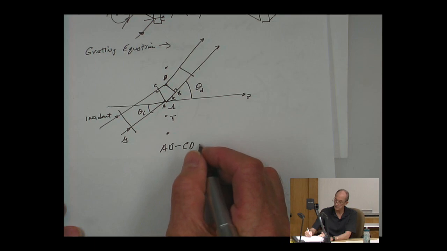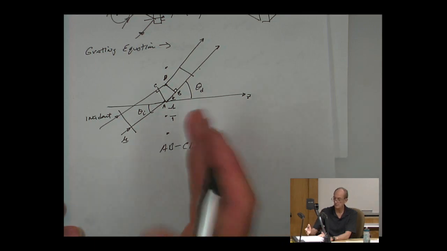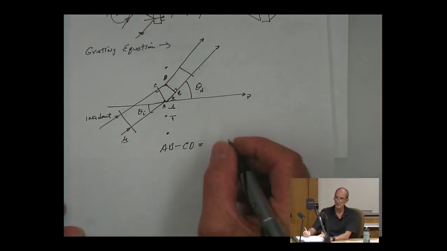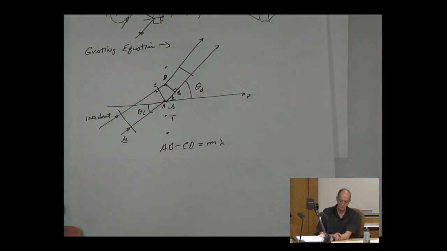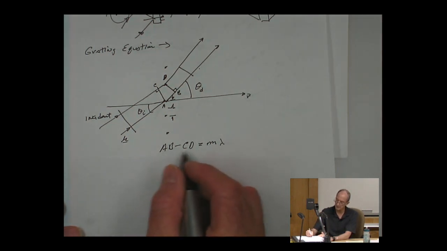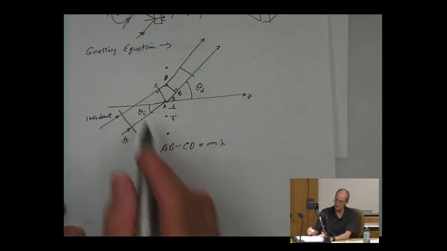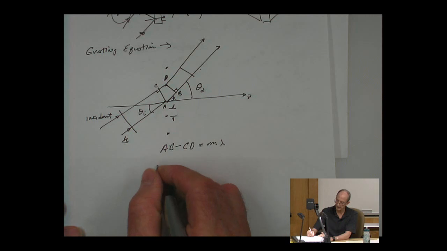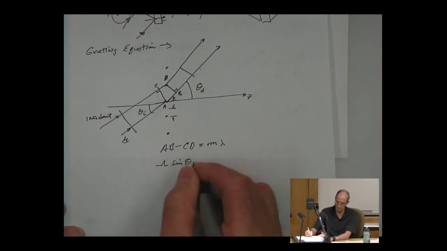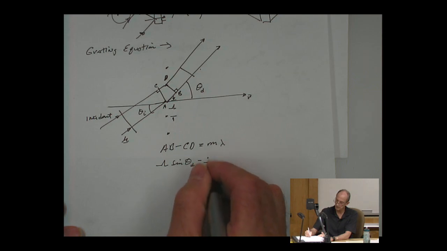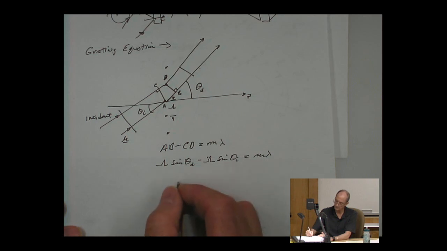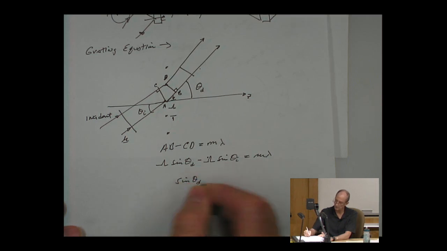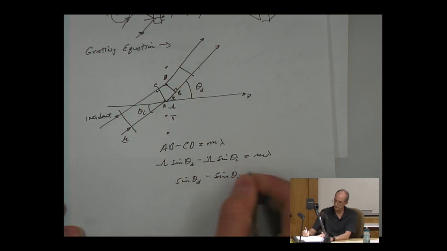When that is coherent, meaning overlapping intensities or constructive interference, we'll have that equal to an integral number of wavelengths. Rewriting AB and CD in terms of cap lambda and these angles, we have cap lambda sine theta D minus cap lambda sine theta I equal to m lambda, or as it's usually written, sine theta D minus sine theta I equals m lambda over that period.